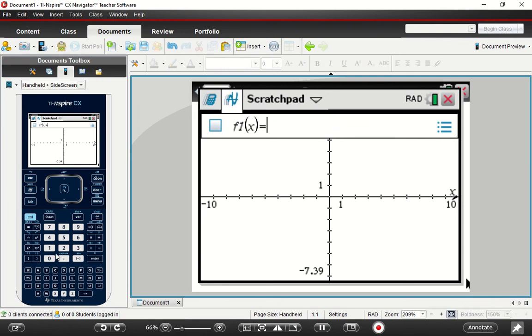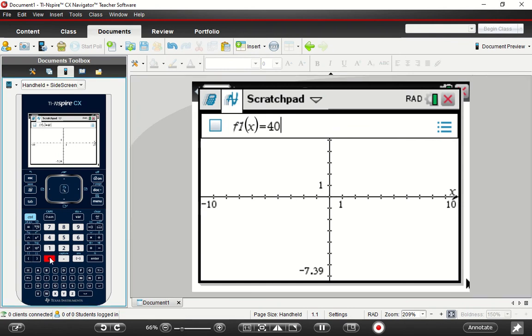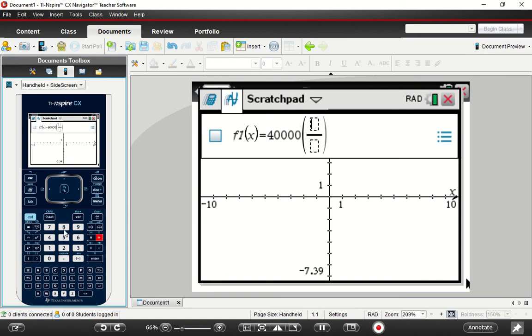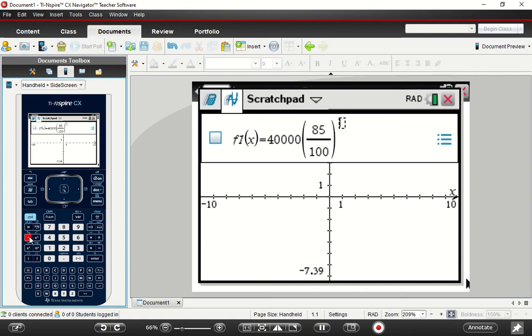So I'm going to start off with 40,000, parentheses, 85 over 100, and this is raised to my variable.